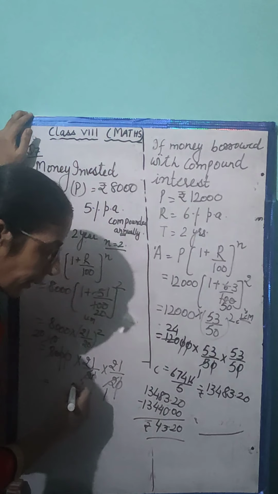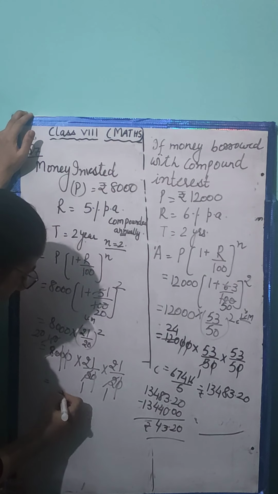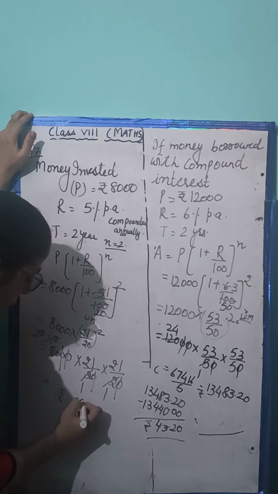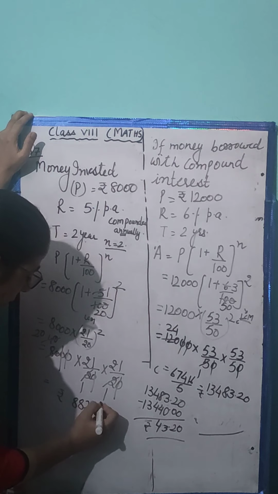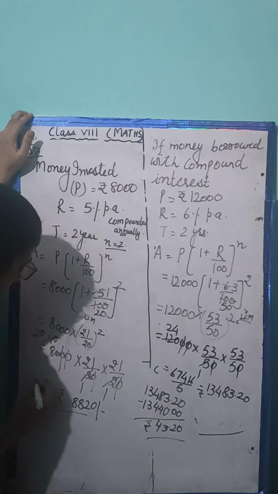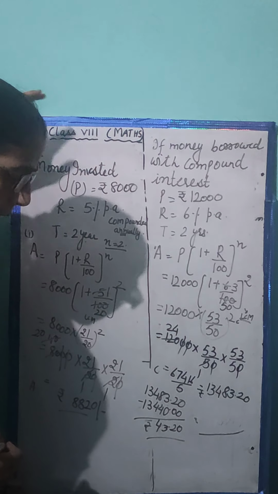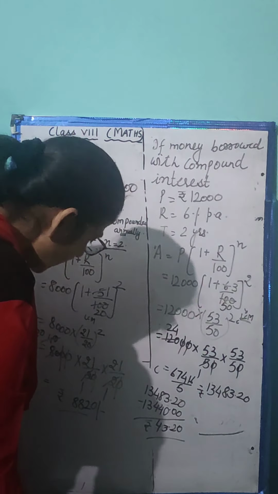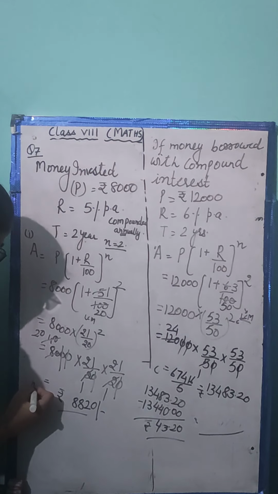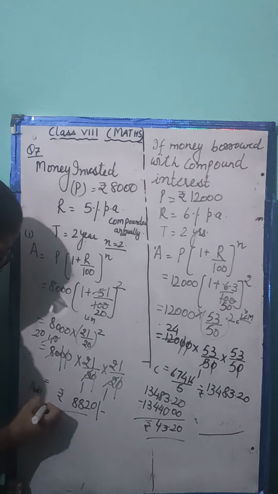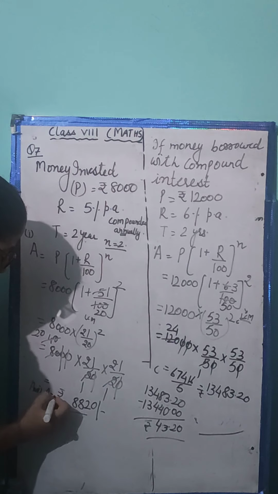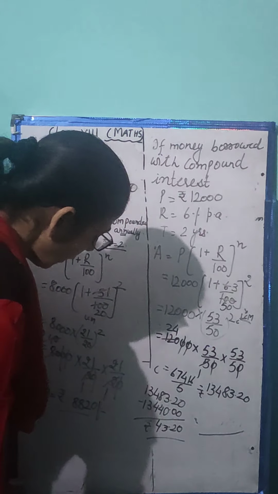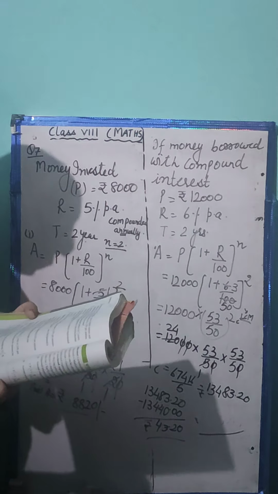What we are getting here? Rupees 8820. So this is the amount which is paid at the end of 2 years. What next is asked here? This is our answer 1. I got this answer. Amount at the end of 2 years is rupees 8820.